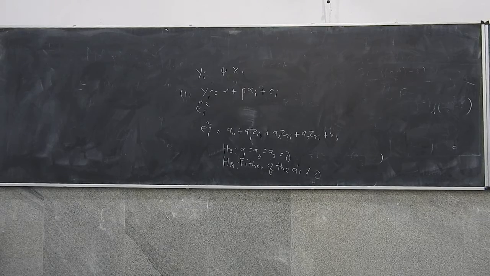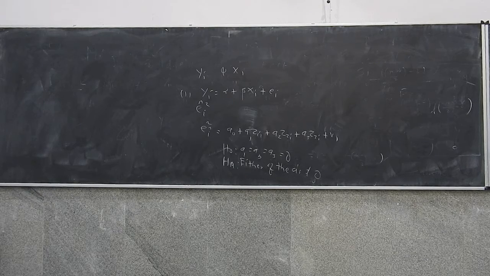Because if a1, a2, a3 are all 0, then the expectation of e hat i square will only be alpha 0. And the expectation of e hat i square is sigma 1 square, sigma 2 square, sigma 3 square, and so on.